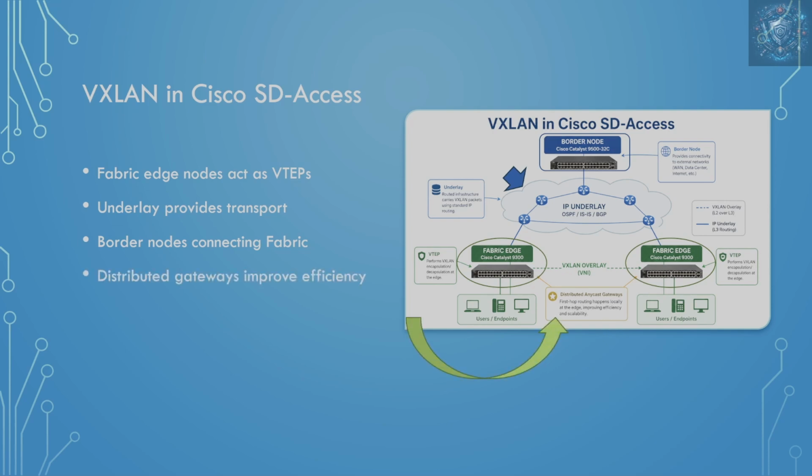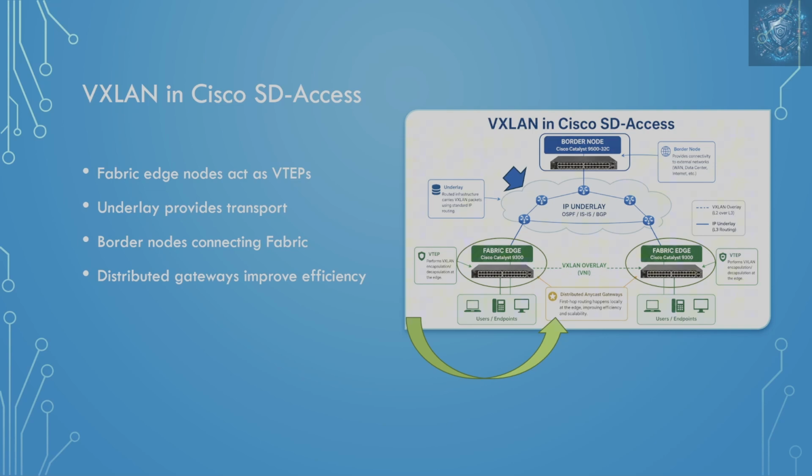And then we have these things called anycast gateways. And what the anycast gateways do is they provide that first hop routing at the edge. And if you ever open up a configuration on a fabric edge device, you'll probably see that all of the gateways on that device, they all have the same IPs as gateways on another fabric edge device.